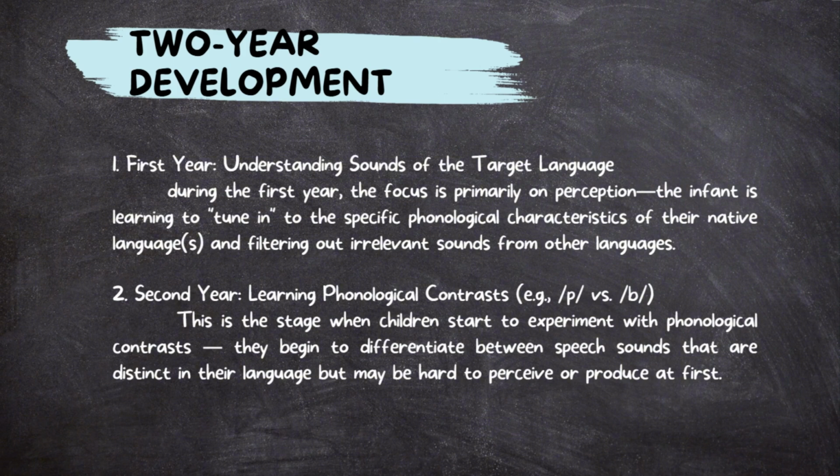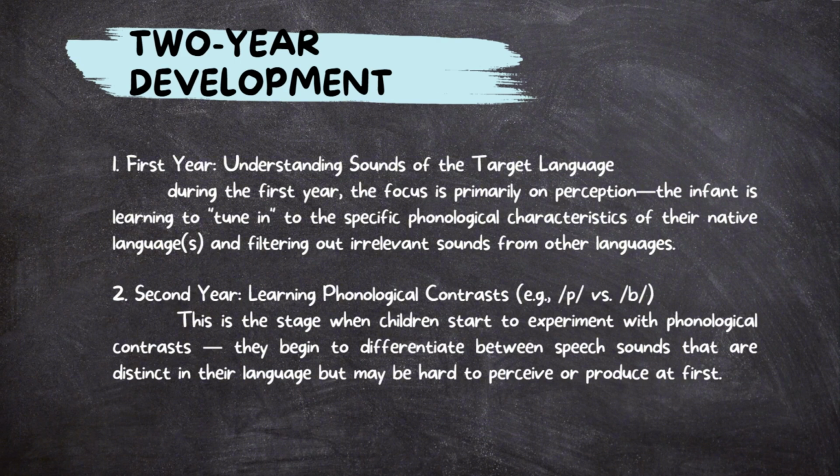By around 6 to 12 months, infants start to specialize in the sounds of the target language or languages they hear regularly, and they begin to lose the ability to distinguish between sounds that are not present in those languages.